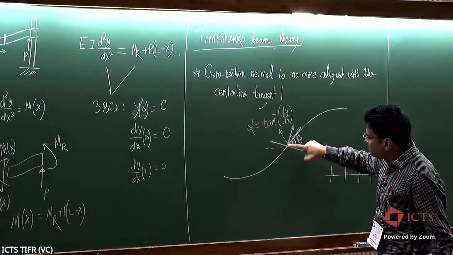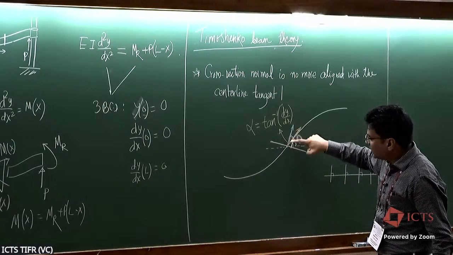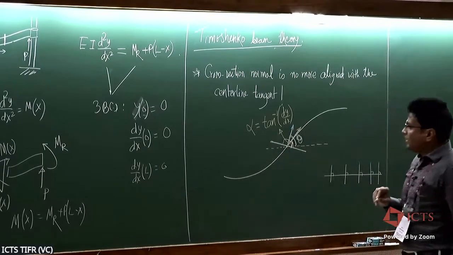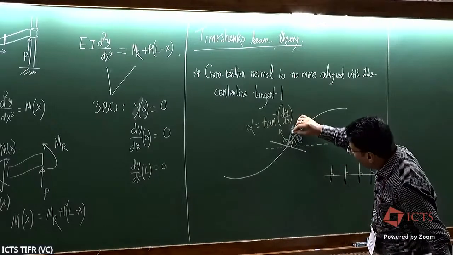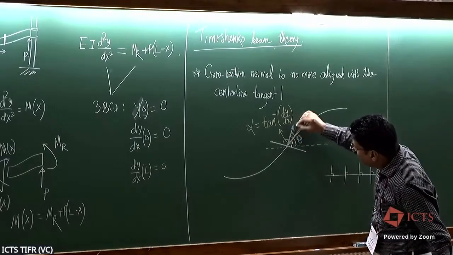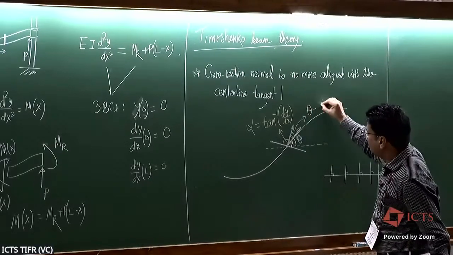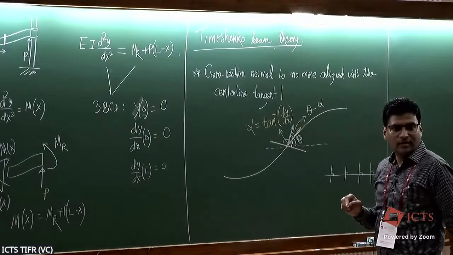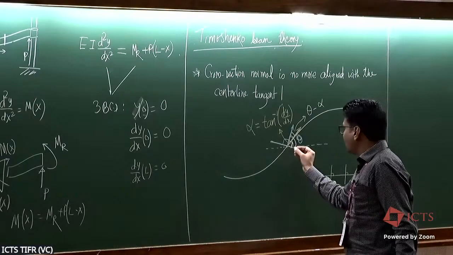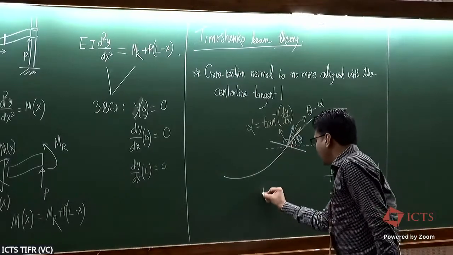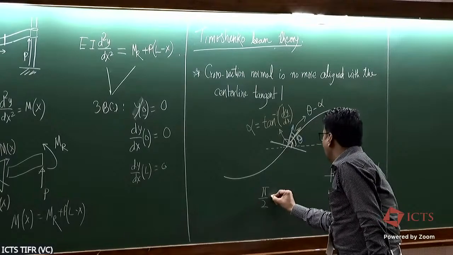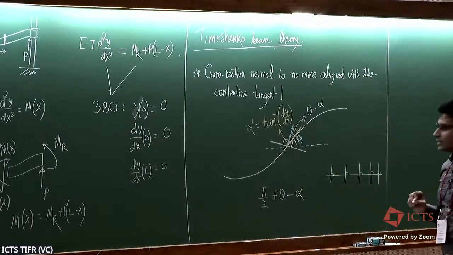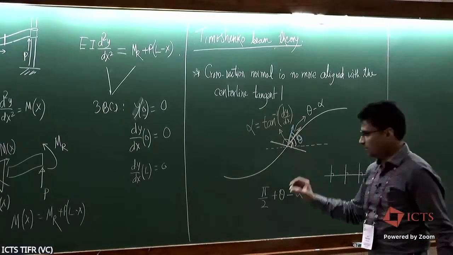The angle between white and blue line is 90 degrees. So how much is this angle then? Exactly, theta minus alpha. So the angle between the white line and the orange line is pi over 2 plus theta minus alpha.